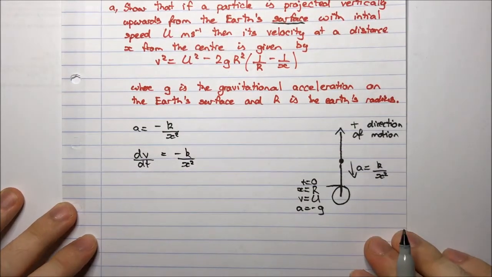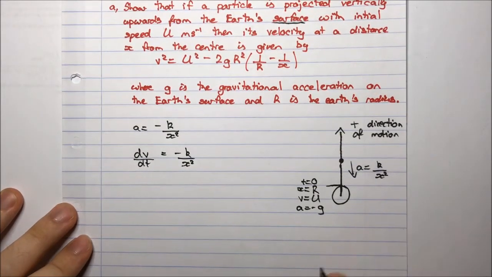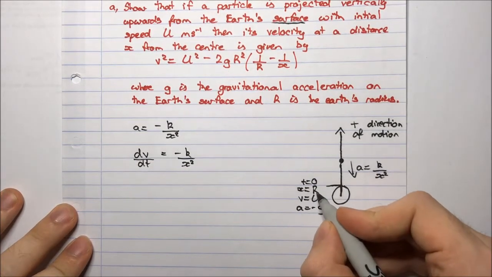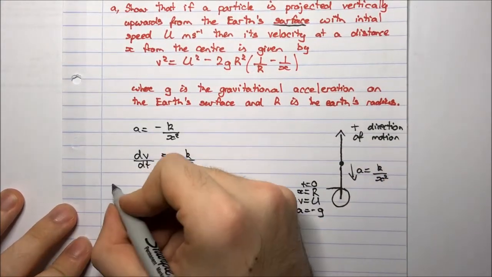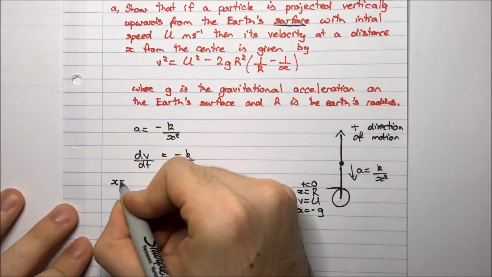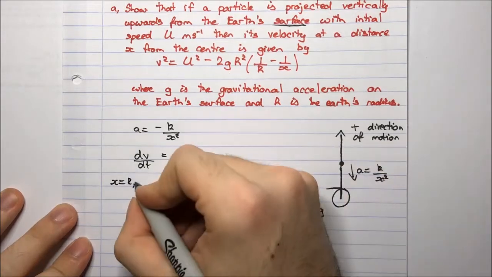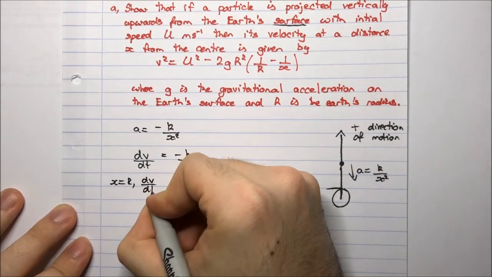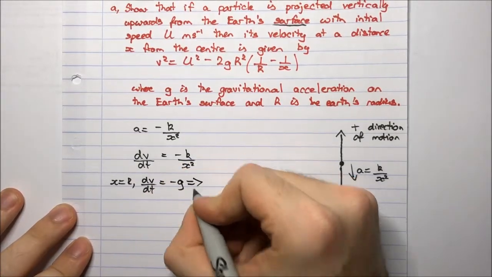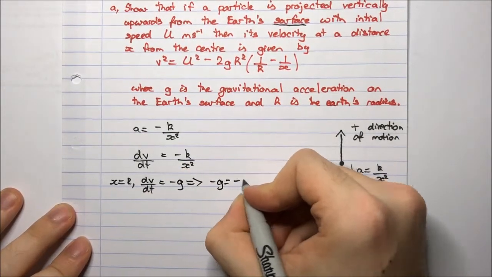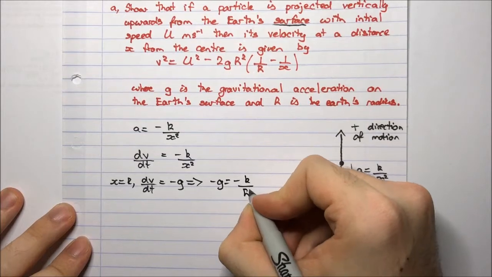I like to have dv on dt instead of a. So we're told that our acceleration is negative g when x is r. This is our initial condition. So when x is r, our acceleration, or dv on dt, is equal to negative g. And so that means that minus g equals minus k over capital R squared.